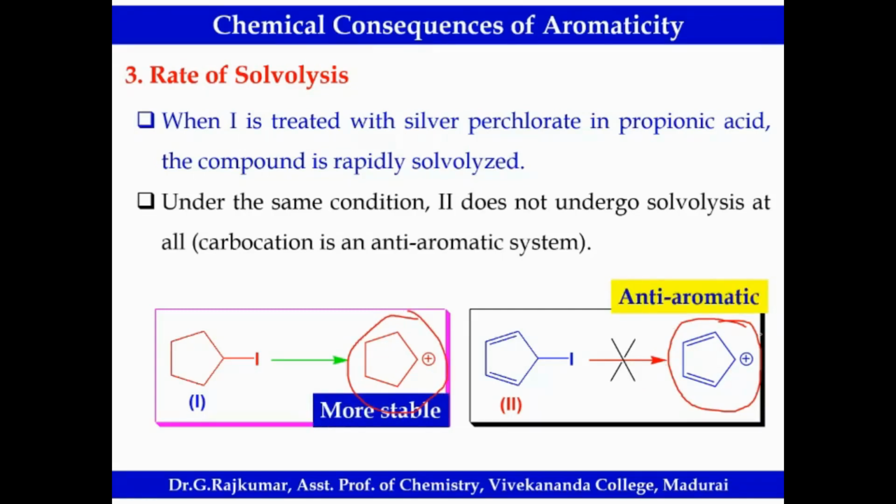Anti-aromatic is least stable, as we know. So this is a simple carbocation, a secondary carbocation. Okay, this is stabilized by hyperconjugation or +I effect. This is more stable. Here there is no stability. Okay, friends, this halide will undergo solvolysis at a faster rate.